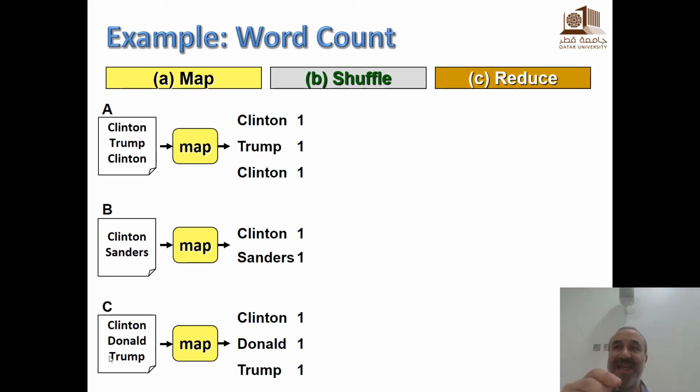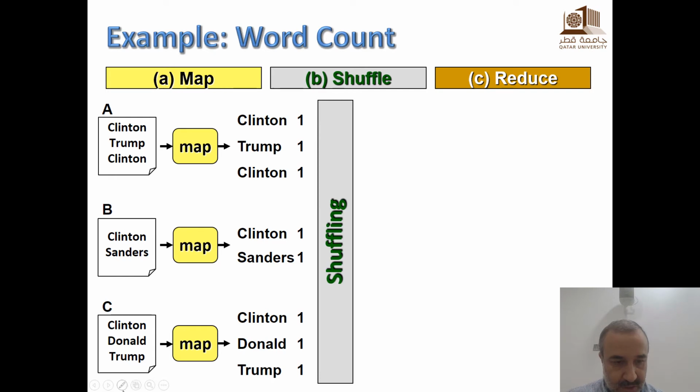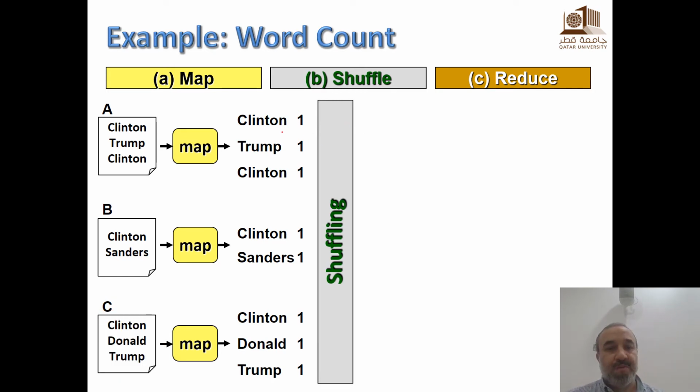So every single key here will have the associated values with it. So Trump, what's going on here? Okay, so we have Clinton here, here, here, and here. All of these will be grouped.